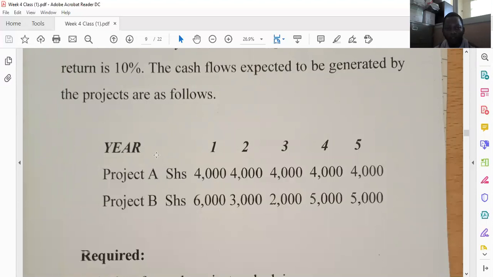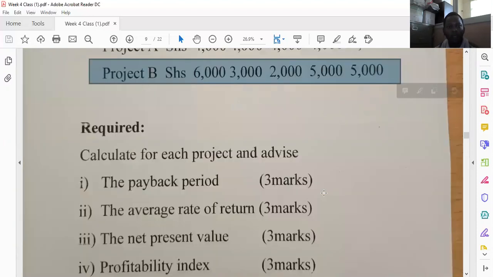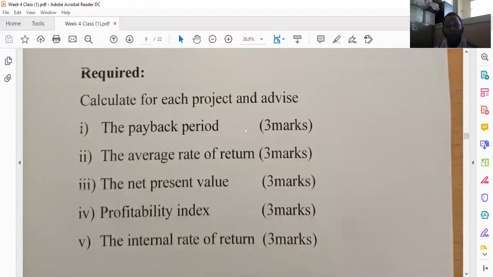For the 5 years, the cash flows for project A are 4,000, 4,000, 4,000, 4,000, and 4,000, and for project B are 6,000, 6,000, 2,000, 5,000, and 5,000. Required: calculate for each project and advise.